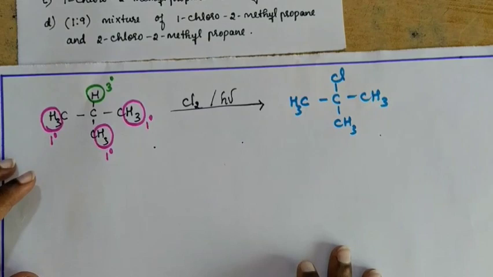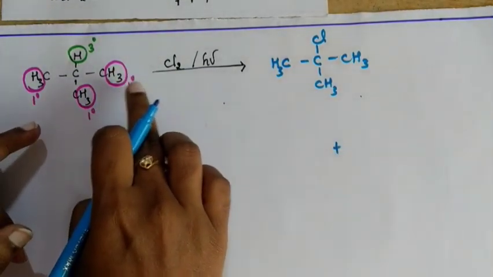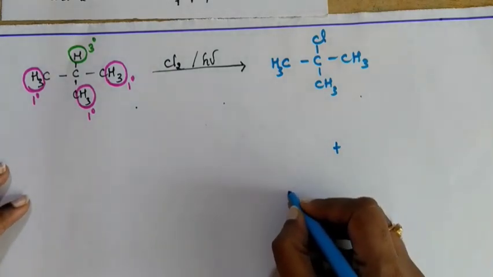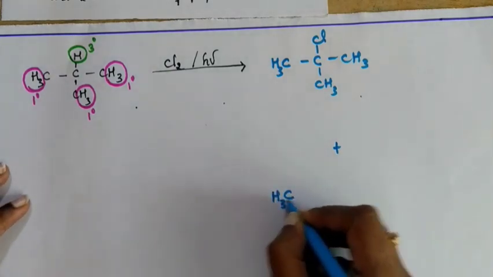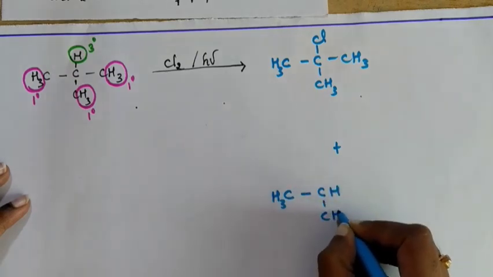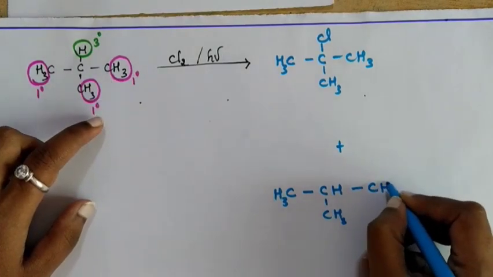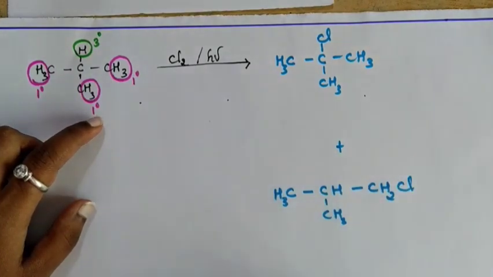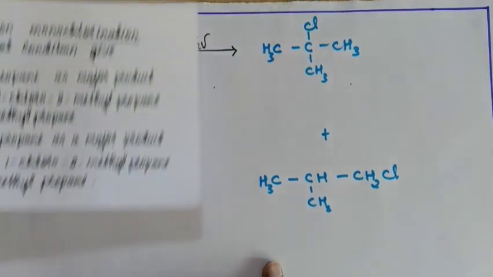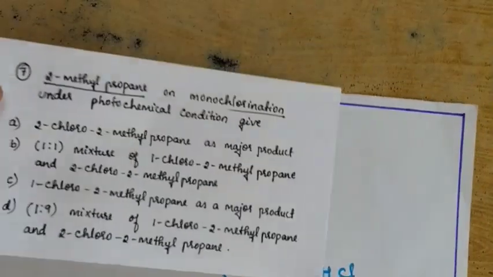This is one of the products. We can get one more product by replacing any of the primary hydrogens. Correct? So let us write that product. It can be like CH3, CH, CH3, and here if this hydrogen has been replaced, it will be CH2Cl. Correct?